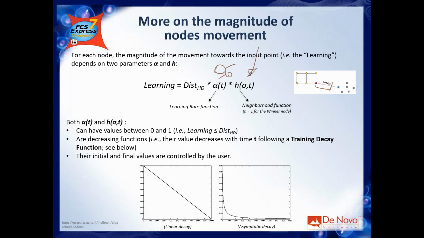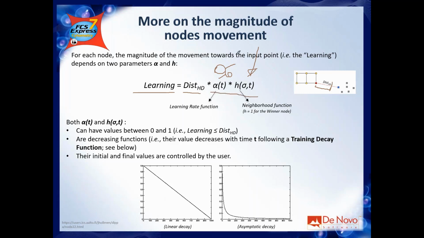The other one is called the neighborhood function, also called h. Those two values, alpha and h, are between 0 and 1. Usually they are lower than 1, and this means that usually the learning is smaller than the actual distance, because the distance is multiplied by something which is lower than 1.